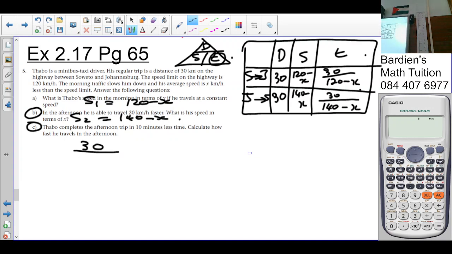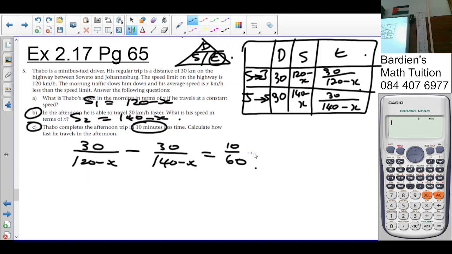So it's going to be 30 over 120 minus X minus 30 over 140 minus X equals 10 minutes. Since this is kilometers per hour, it's going to be 10 over 60. Okay. I'll work this one out already.